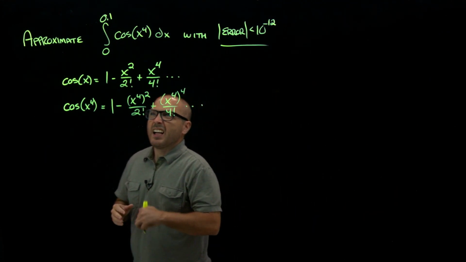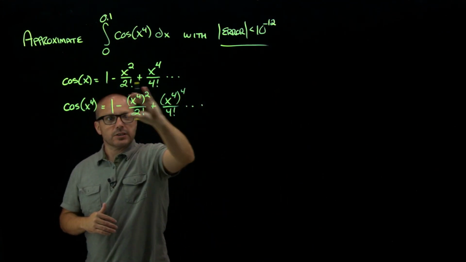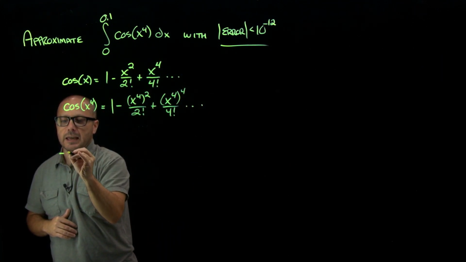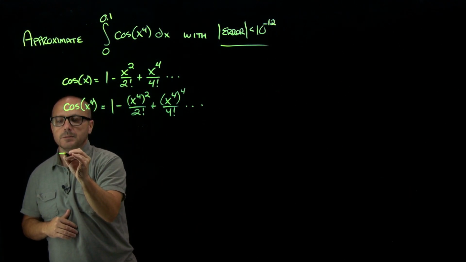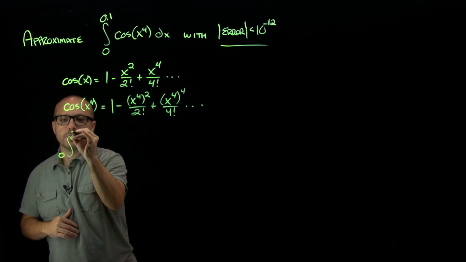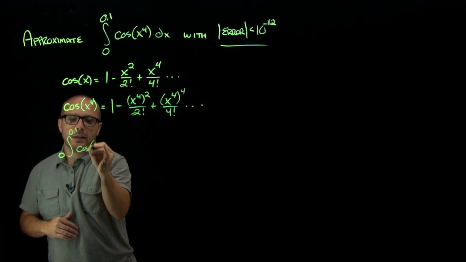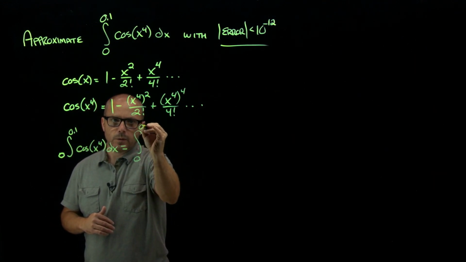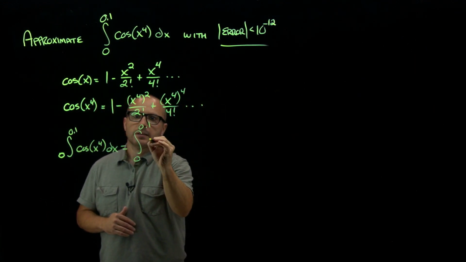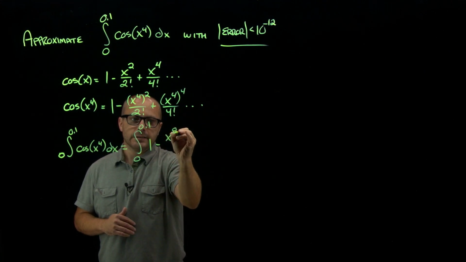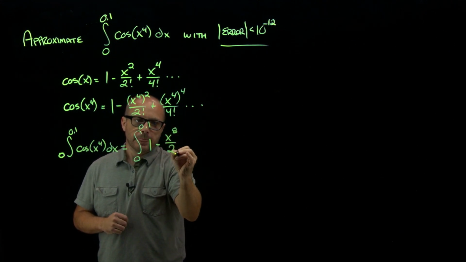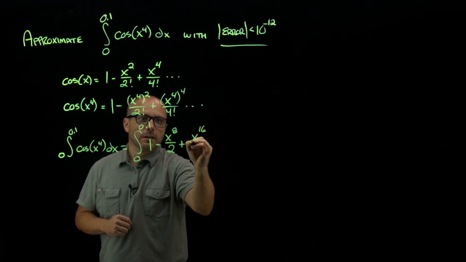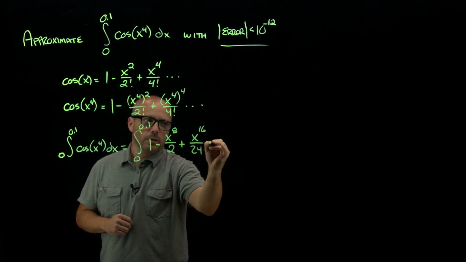OK, so that means that because this function and this series are interchangeable, I can say that this integral from 0 to 0.1 of cosine x to the fourth is identically equal to the integral from 0 to 0.1 of that. 1 minus x to the, and I'll go ahead and simplify those exponents and those denominators. 4 factorial is 24, and so on.